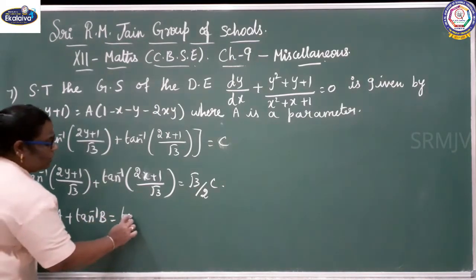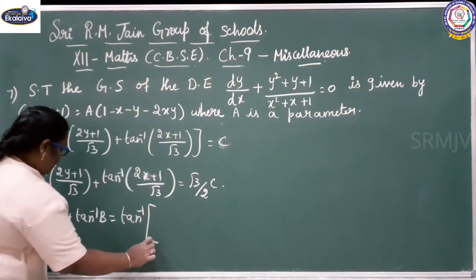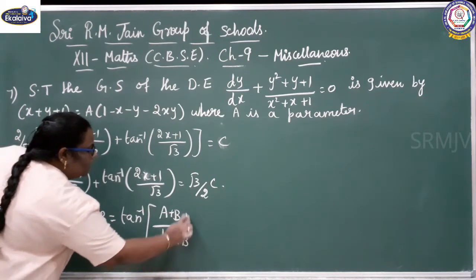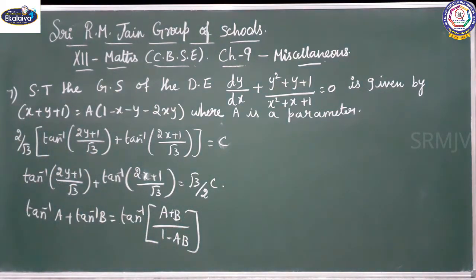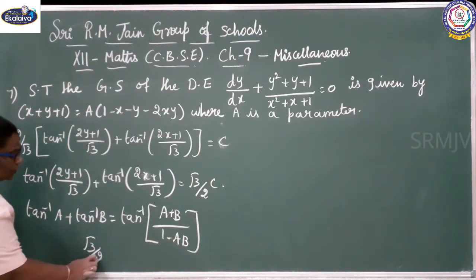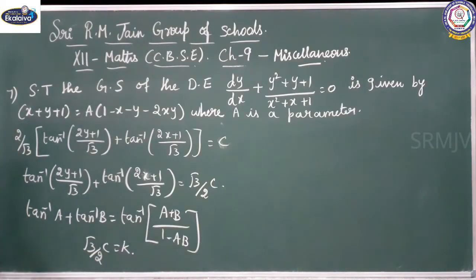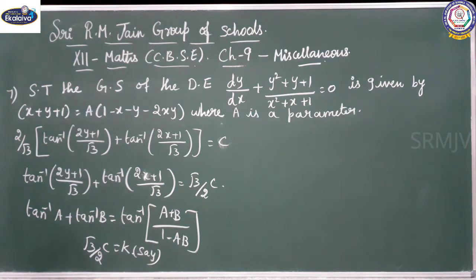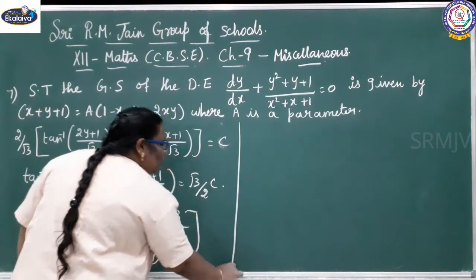Tan inverse of A plus B by 1 minus AB. That root 3 by 2 c you can take as K. You can assume that root 3 by 2 c equals K.